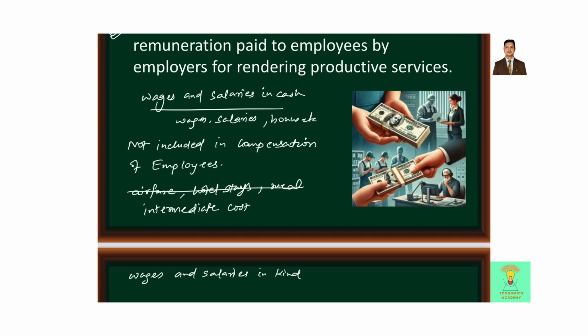All those non-monetary benefits like rent-free home, free medical or healthcare, etc. are included in wages and salaries in kind. However, the uniform that is worn during the work or the vehicle that is used for work purpose only are not included in the wages and salaries in kind. Again, that will come under the intermediate cost.